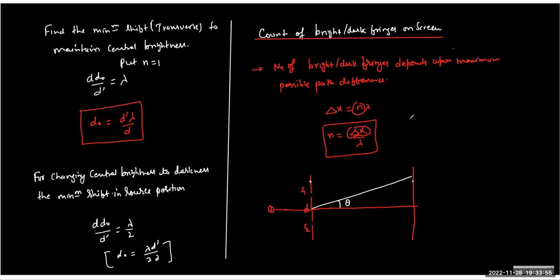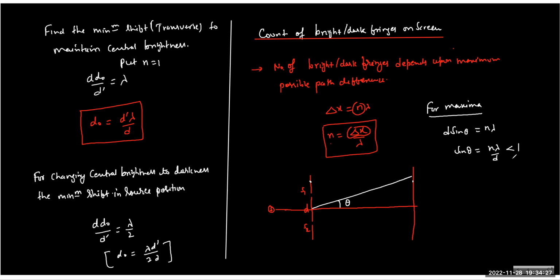So let's count the maxima first, because the count will be the same for both. For maxima, d sine theta was n lambda. So how much is sine theta? It is n lambda by d, and we know this is always less than 1. It could be equal to 1, but in this case it is not going to be 1, because theta will never become exactly 90.